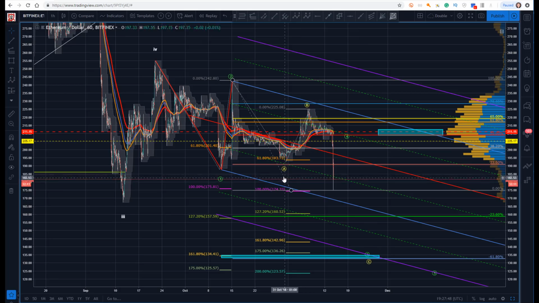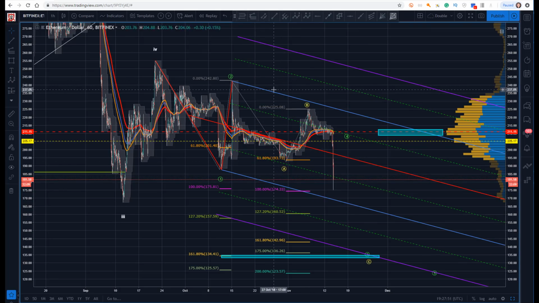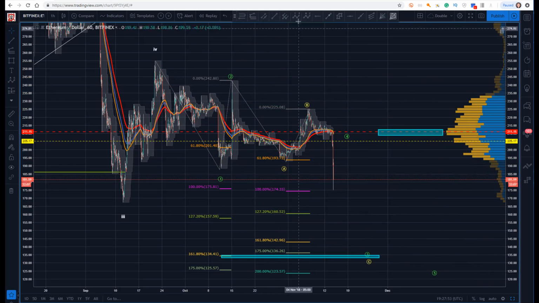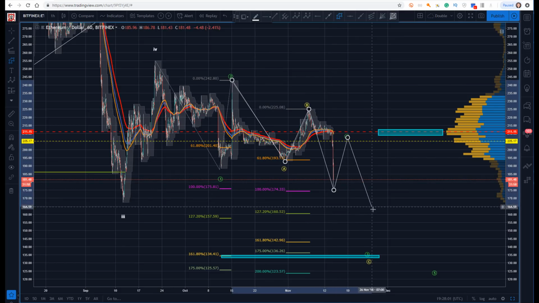Let's just clear all this up here so we can make sense of it. So what would that diagonal look like? We'd be saying this is the 1, this is the 2, that's the 3, and we're going to come in for the 4 and the 5. Well, again, it's possible.